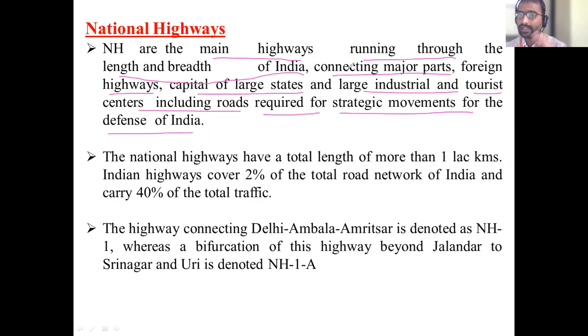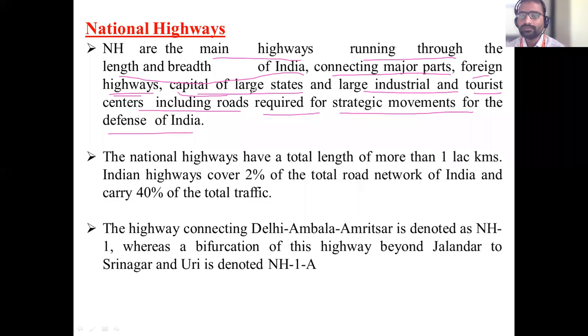Again, these roads are connecting major parts of India. Foreign roads, if there are roads from India to Bangladesh, India to Nepal, like this, those roads are connected by the national highways. And capitals of large states: Maharashtra's capital Mumbai to Delhi, there is a national highway. Delhi to Kolkata, there is a national highway.